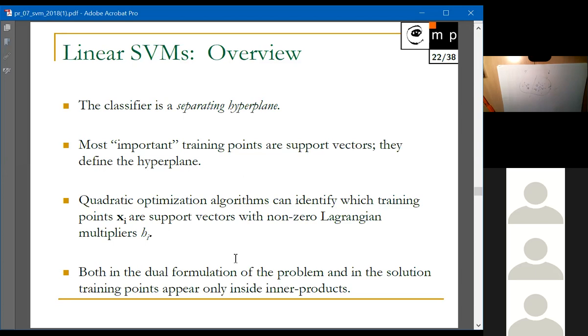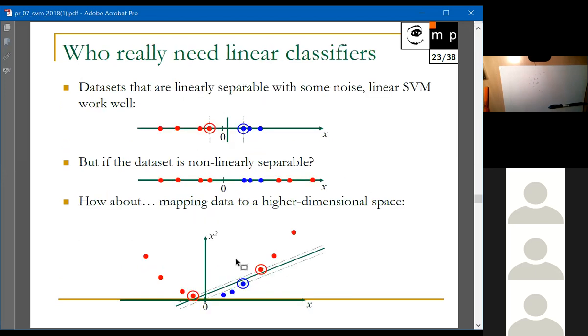Fine. So now we have to touch one more problem that we had with the perceptron. What if the decision boundary we want is not well approximated by a linear function, possibly something like that? There is no good linear function. We already touched this in the last lecture, and what did we say?